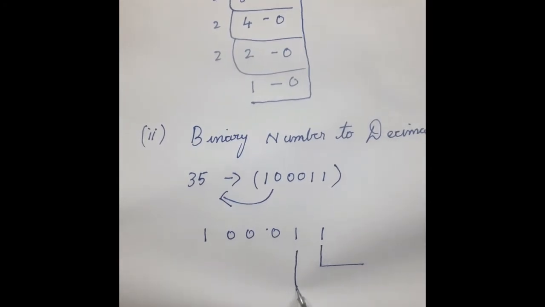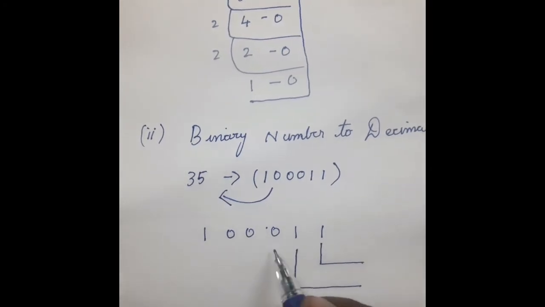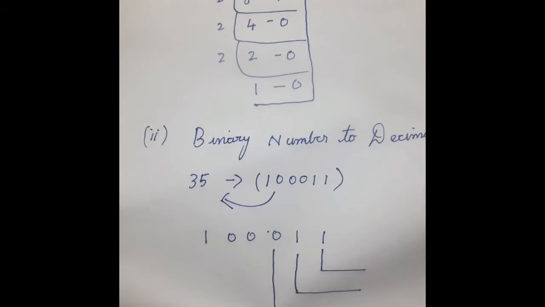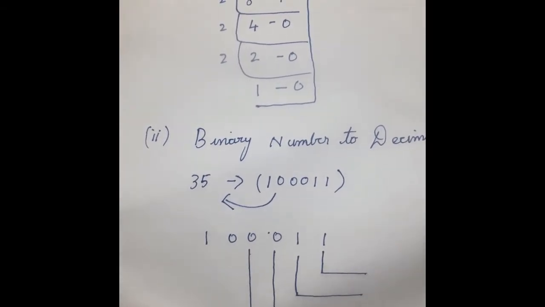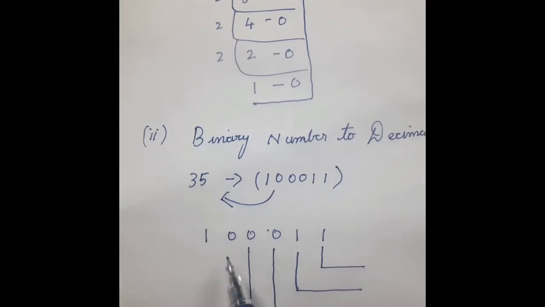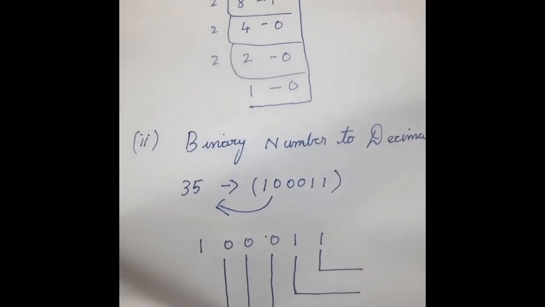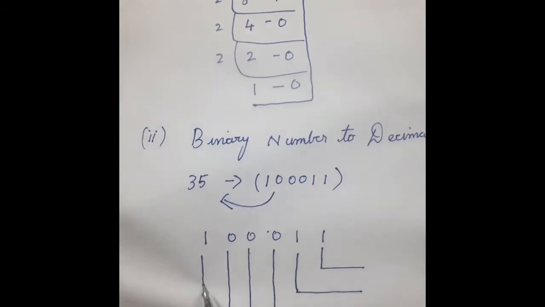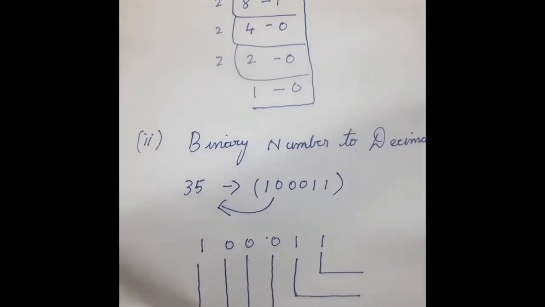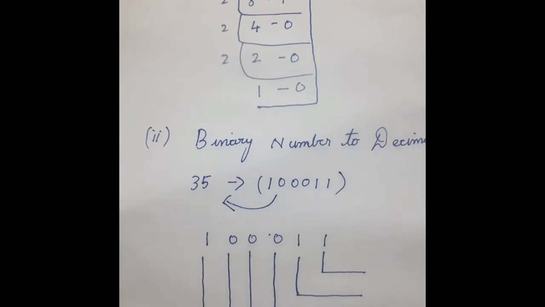Just follow what I do and draw a line straight to each binary number. This is the easiest method of converting binary to decimal. Writing the digits from the right: 1 1 0 0 0 1.